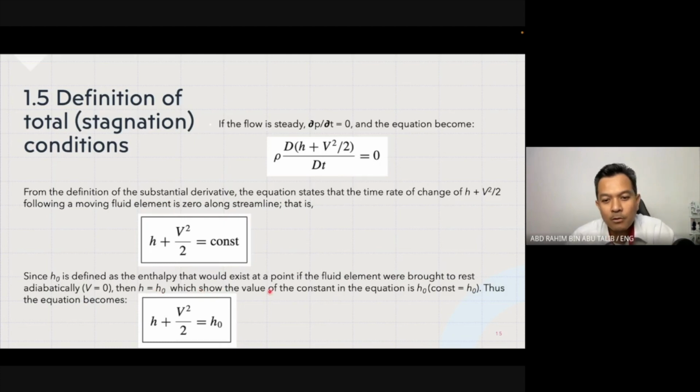We show the value of the constant in the equation is H naught, and thus the above equation can be expressed here: enthalpy plus velocity squared over 2 equals the total enthalpy.